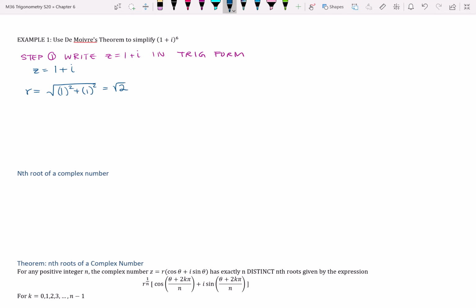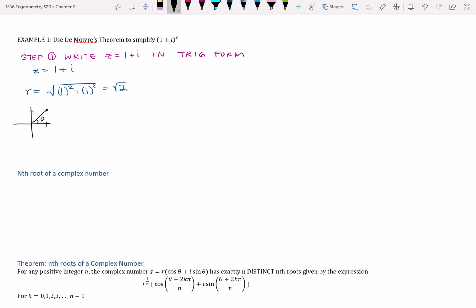I like plotting this, but we could also just use tangent to help us find the angle. This point is going to be in the first quadrant because they're both positive. So we have positive 1 for the real part, and 1 for the imaginary part.